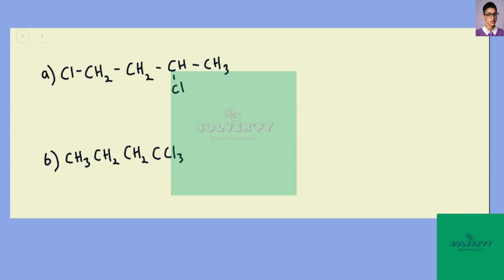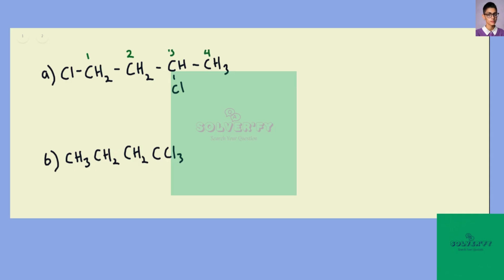Asking us to name each of the following compounds. And so, as per usual with naming, I'm going to start numbering my carbons, starting with the carbon that is closest to the branching. So in A, my first carbon would be here, my second would be here, third here, and fourth here.